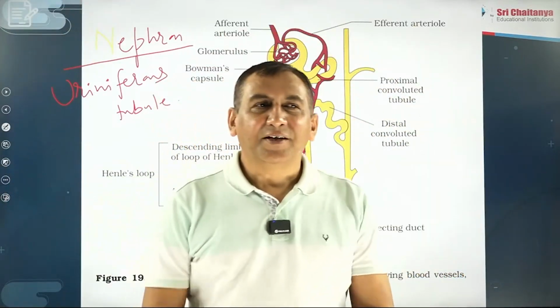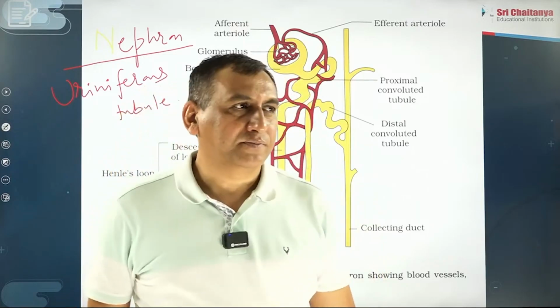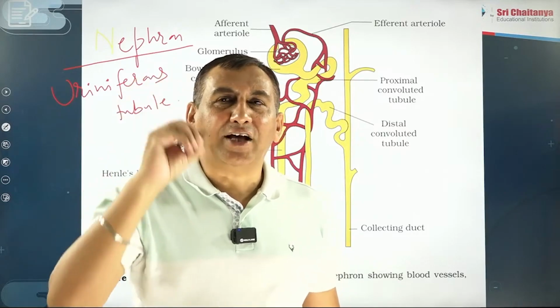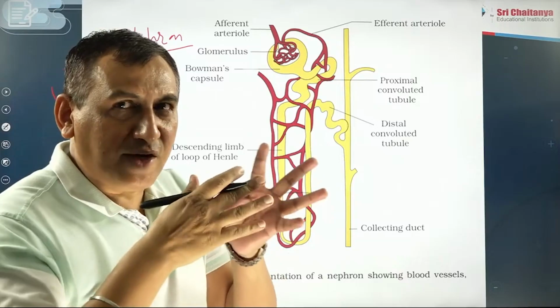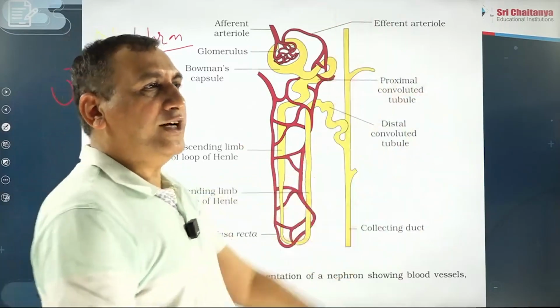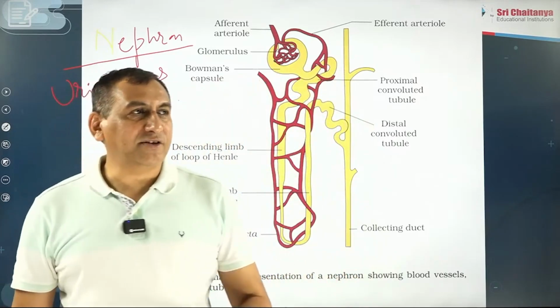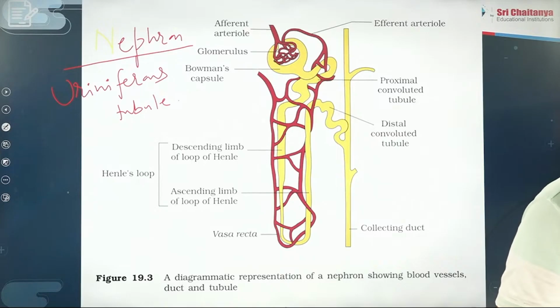Okay, ready? The human beings' excretory product is urea. Known by you, na? My question is, the filtration of urea happens in the kidney, but where does the synthesis of urea take place?